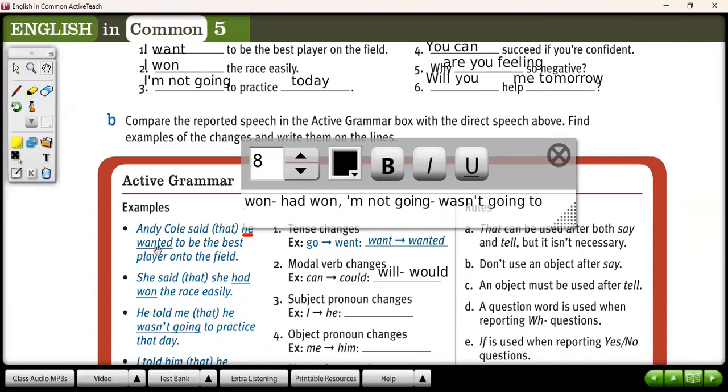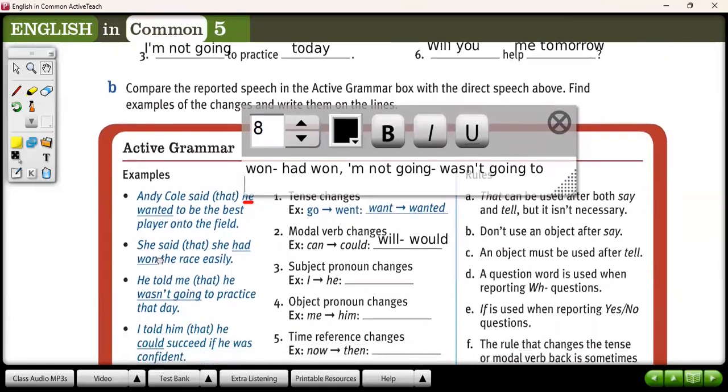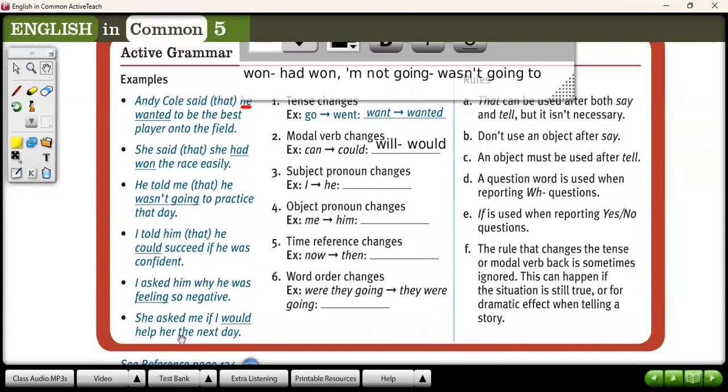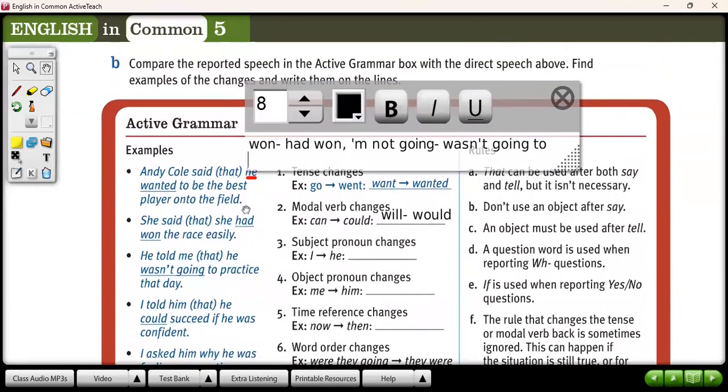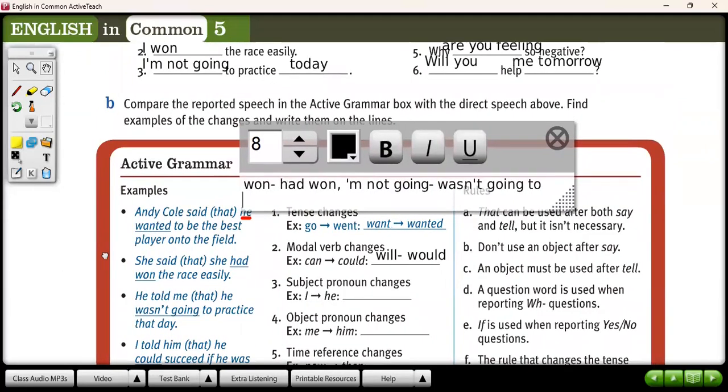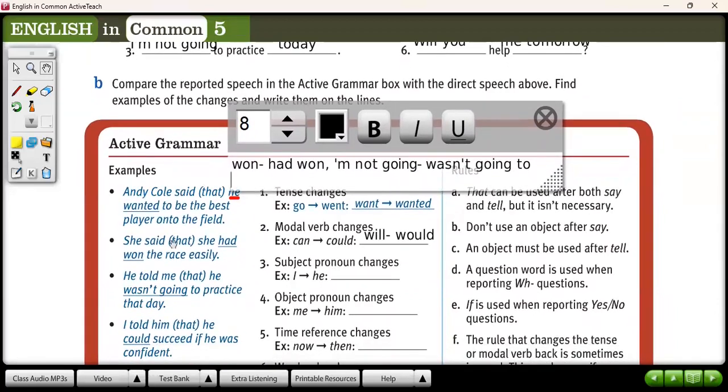Andy said he wanted to be the best player on the field. But we can also change for she, just like here. She asked me if I would. Actually, we can change as this example here that we have. She said, I won the race easily. So she said she had won the race easily. So we can also change I for she.